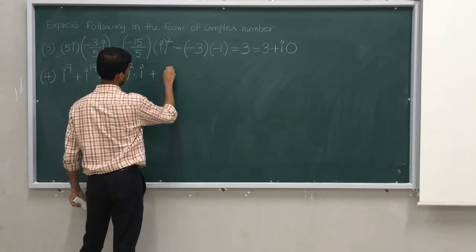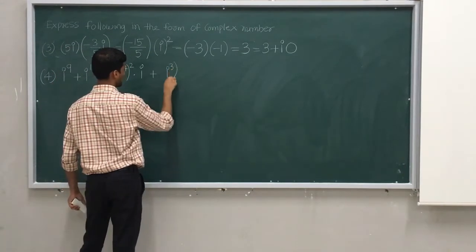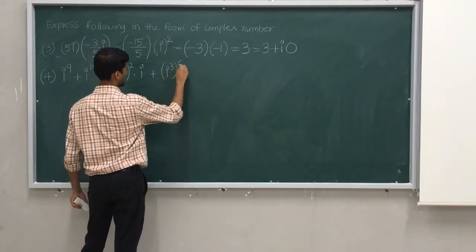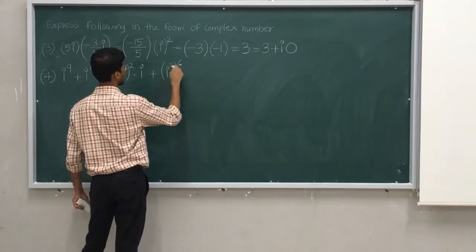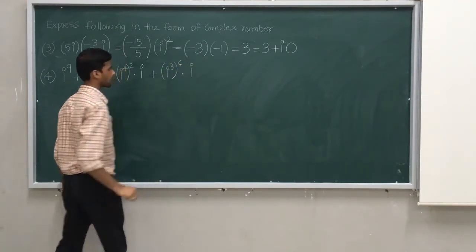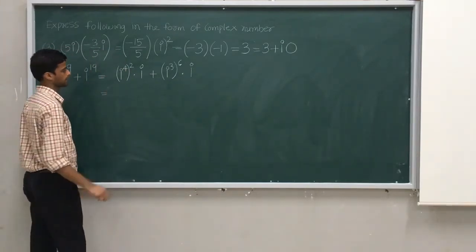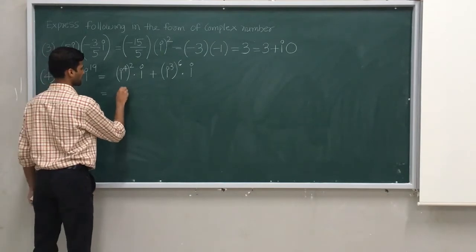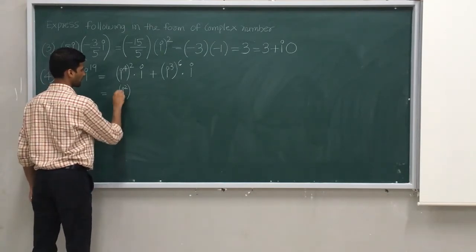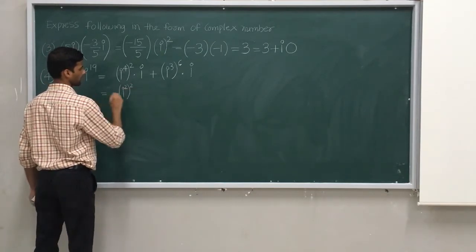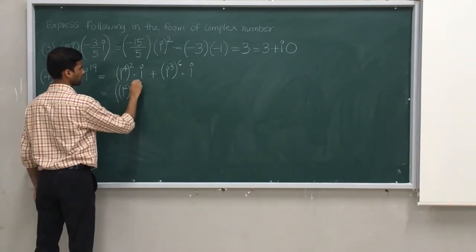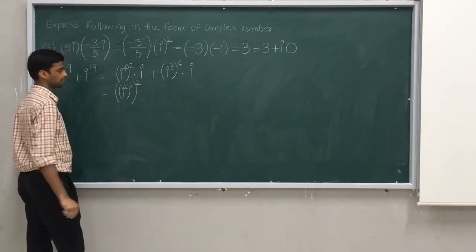we know i cube. Okay, i cube times 6, into 6 threes are 18, into. So what will happen here is i raised to 4 can be written as i square the square, the whole square, right? Correct?